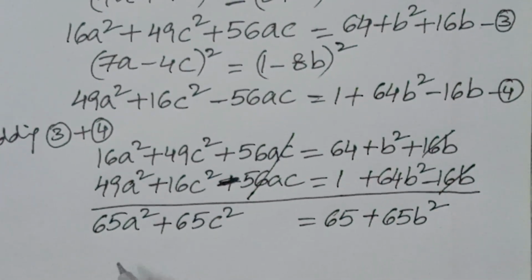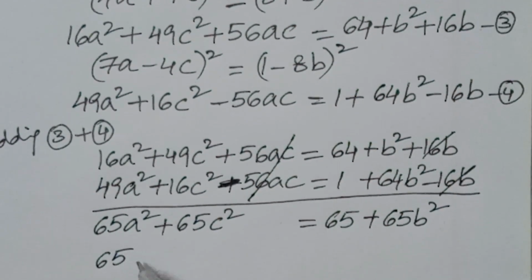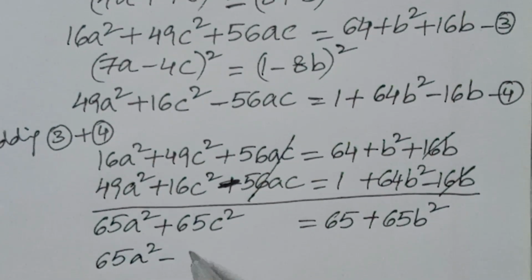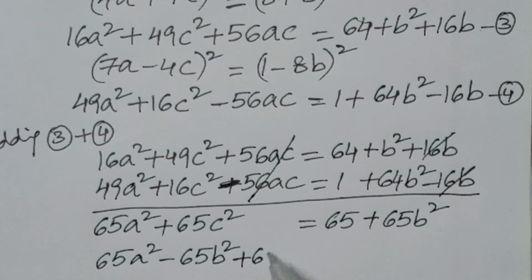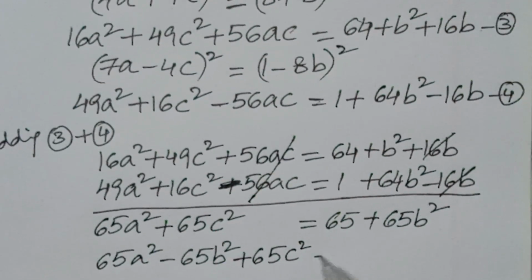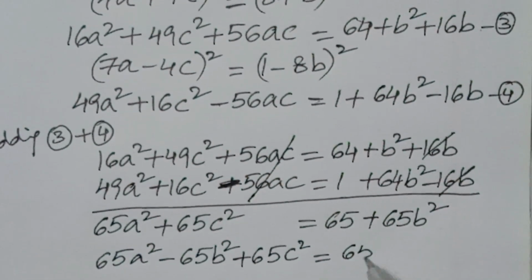So send b square to that side: 65a square minus 65b square plus 65c square is equal to 65.